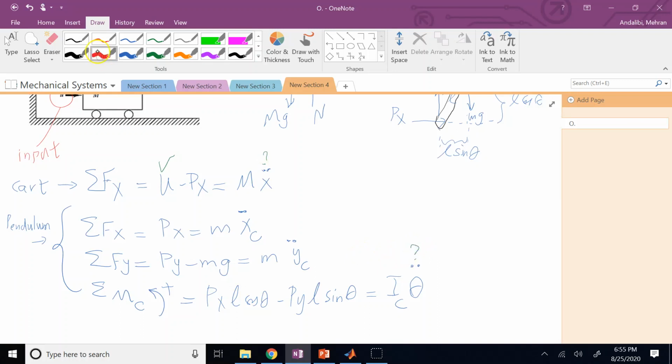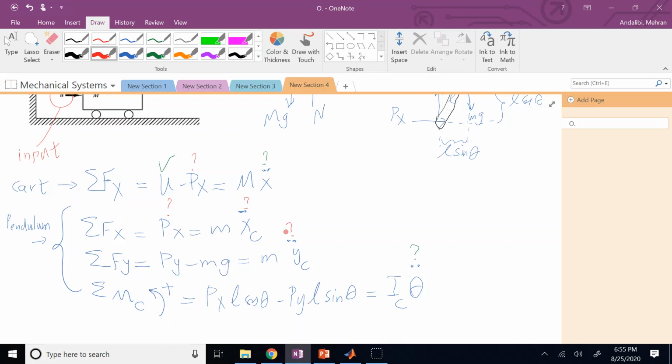So these other unknowns I mark in red: P_x, P_y, and then what? x of C and y of C. You have to get rid of them so that you find just two equations between u and x and theta, or a combination of both in the equations. P_x, P_y, x of C, and y of C double dots have to go.